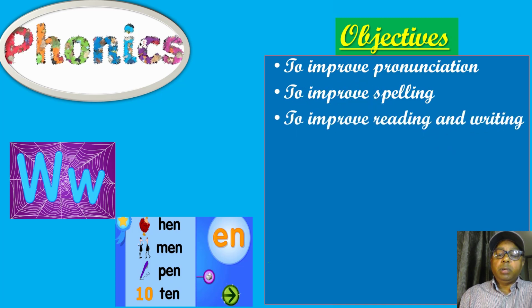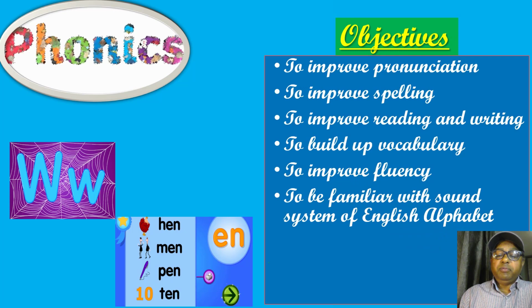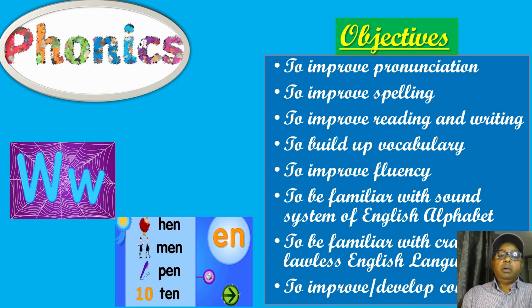And the next ones are to improve reading and writing, build vocabulary, improve fluency, be familiar with the sound system of the English alphabet, be familiar with the crazy and lawless English language, and develop or improve our confidence.